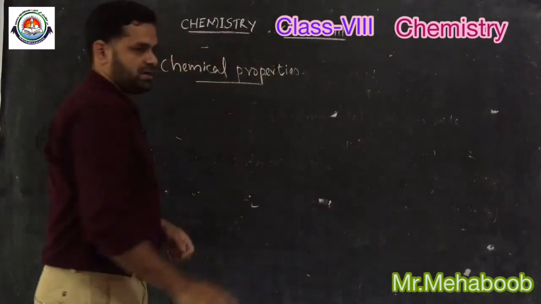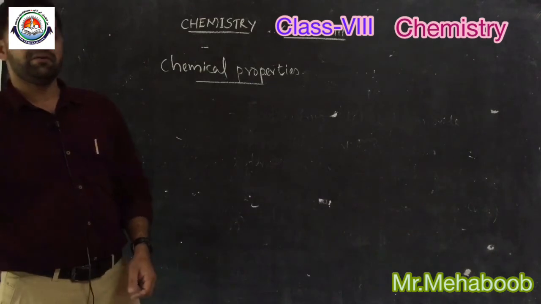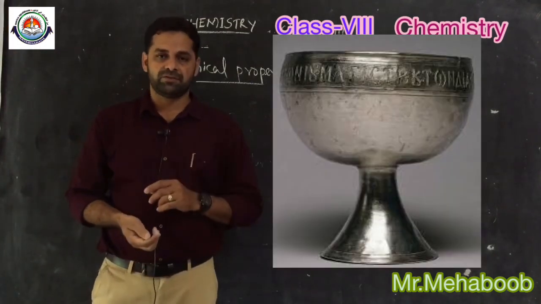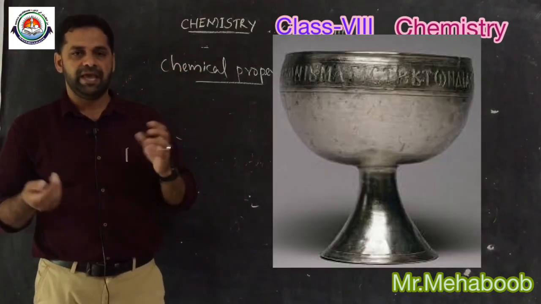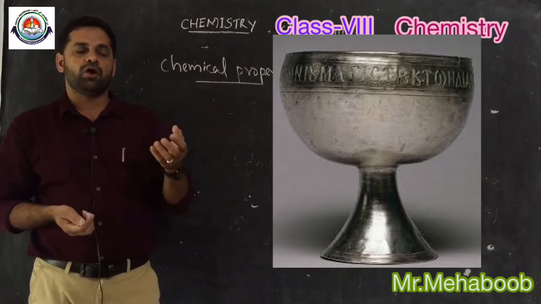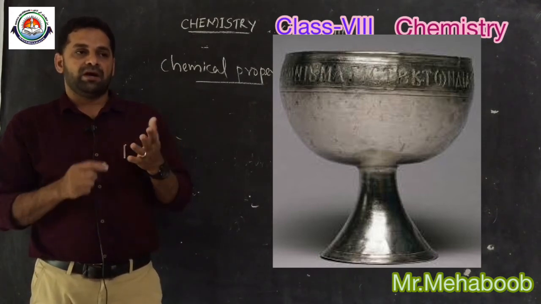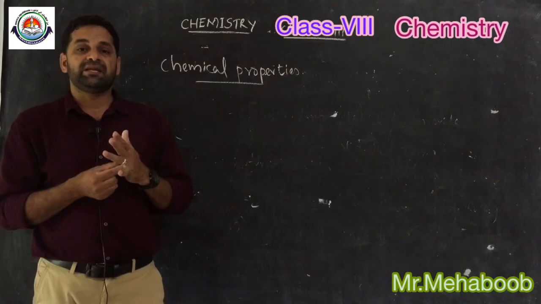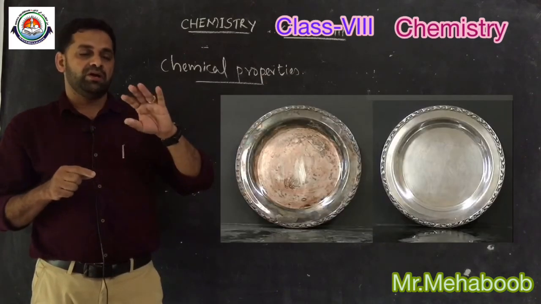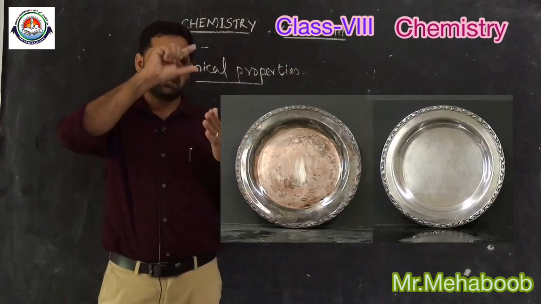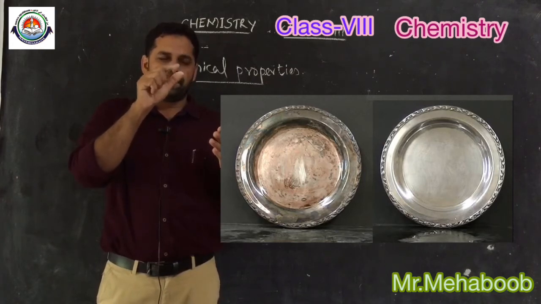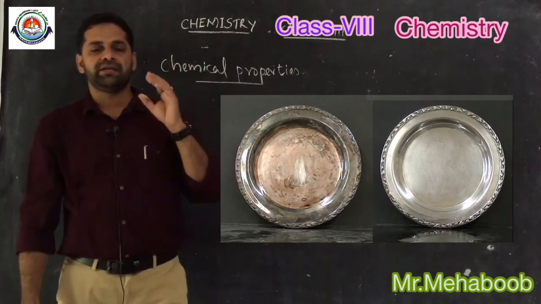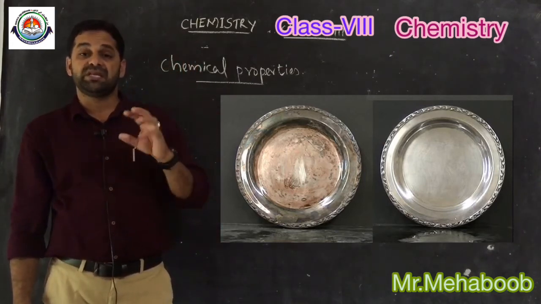You might have experienced that when we expose silver ornaments or silver substances to air for a longer period, the silver gets tarnished, and you can see a black coating on silver.